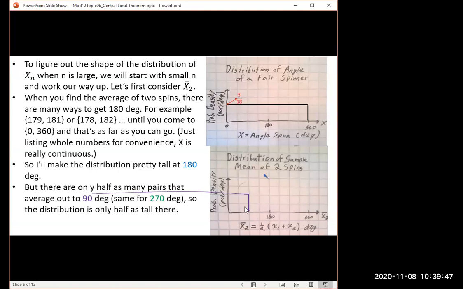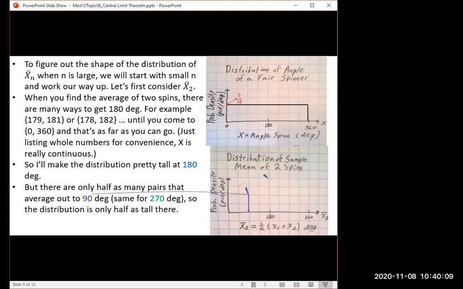You get down to the pair of 0 and 180, that could average out to 90, but that's as far as you go because you can't go below the 0. So there are half as many ways for the average to be 90 degrees.